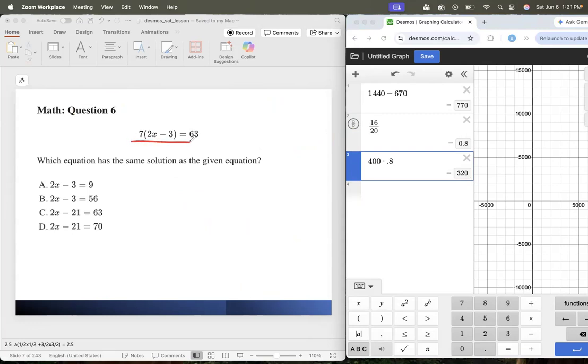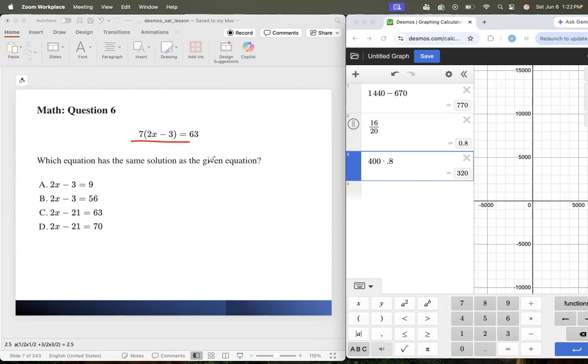7 times bracket 2x minus 3 is equal to 63. Which equation has the same solution as the given equation? There's so many ways you can do it. Most people will grab Desmos, right? But I want you to think about it. It will take you a longer time using Desmos than this. This is straightforward. It's staring at you. The answer choices will pop out like candy.